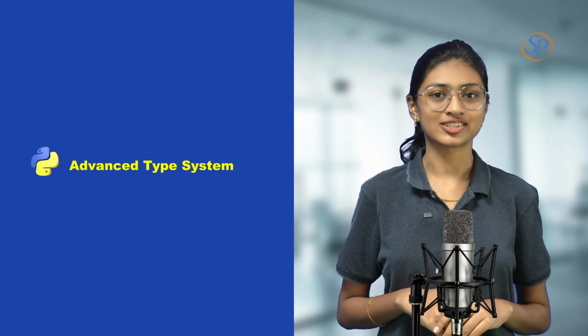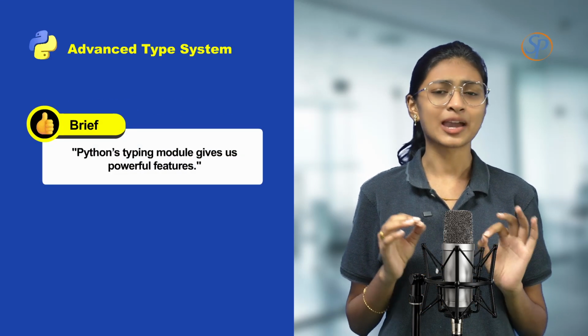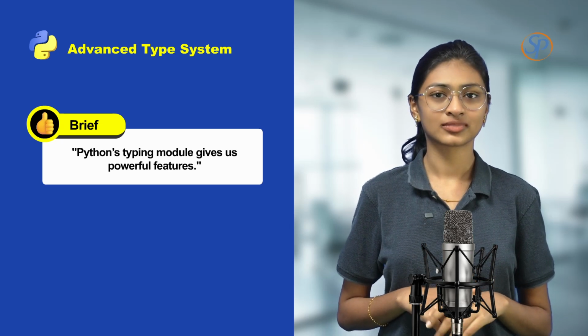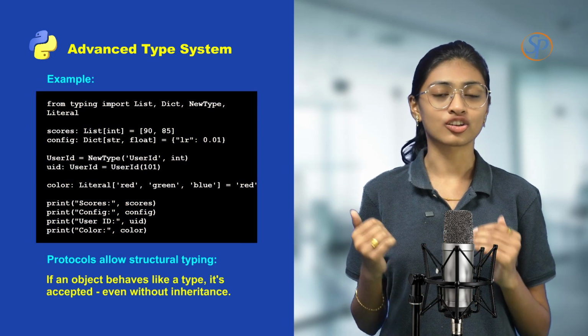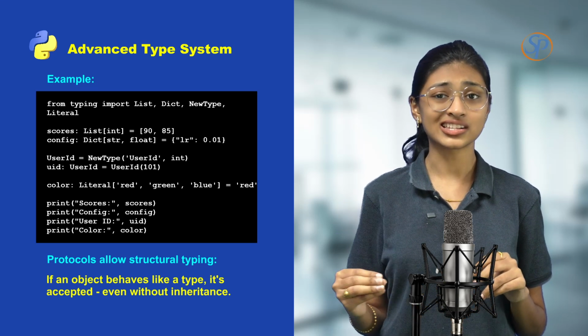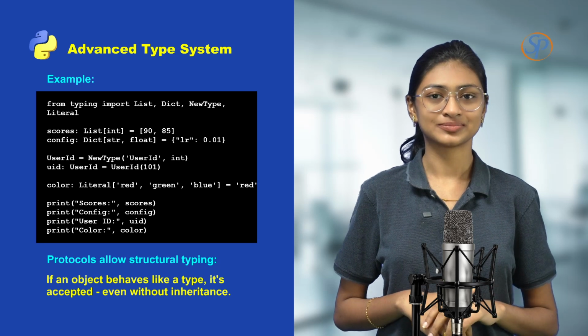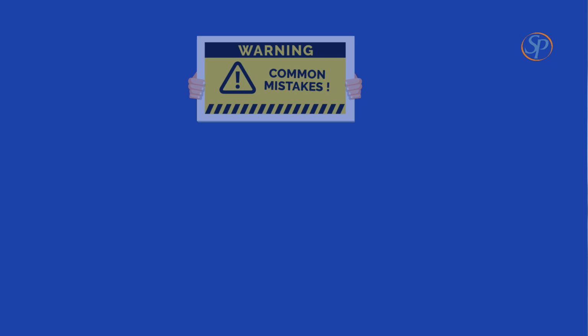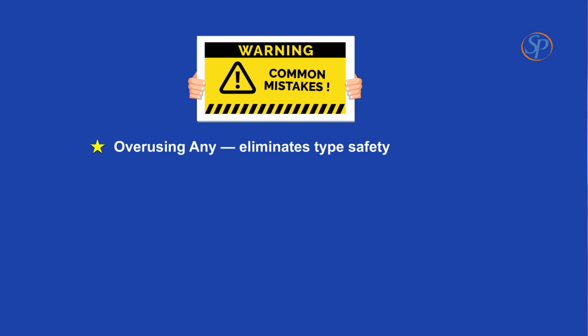Advanced type system. Python's typing module gives us powerful features. Protocols allow structural typing. If an object behaves like a type, it's accepted, even without inheritance. Common mistakes and hidden facts. Common mistakes. Overusing Any eliminates type safety.